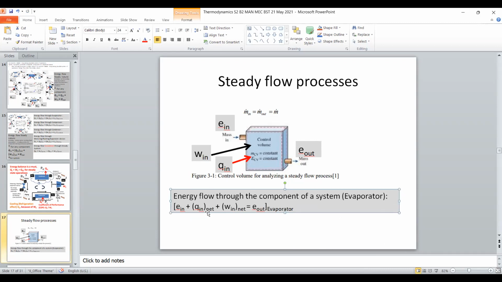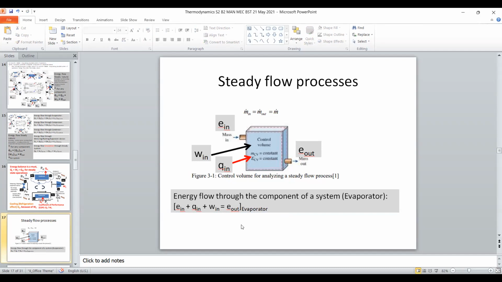So energy in. So here Q in net. So I just put Q in here, plus W in, that's the net value, equals energy out. Evaporator.